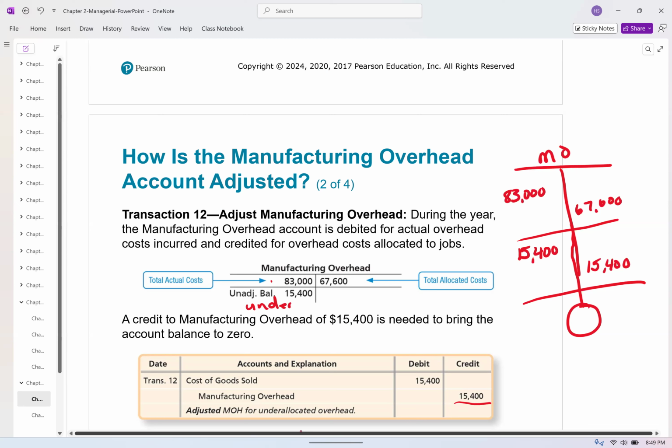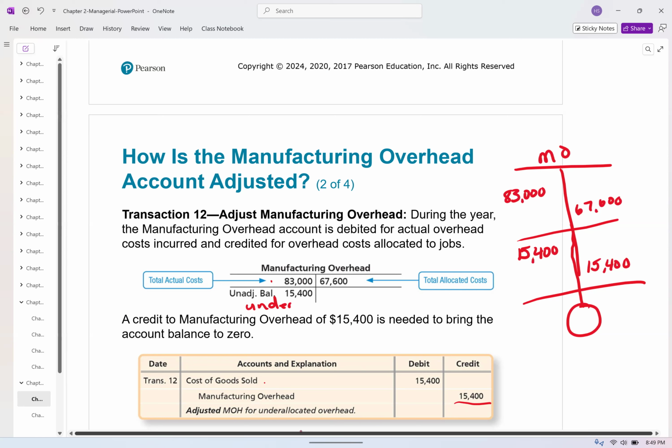Credit manufacturing overhead, and then we will debit cost of goods sold because that is cost that we did not add to those jobs. Those costs go to those jobs that we finished and sold in the coming year.